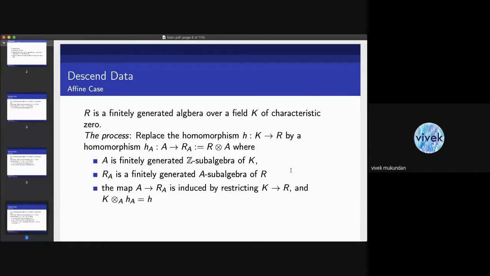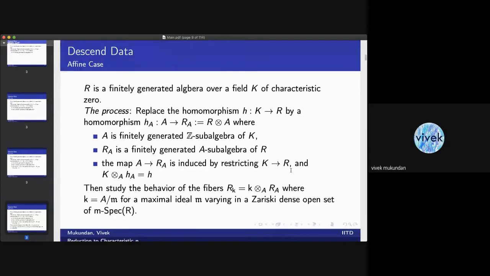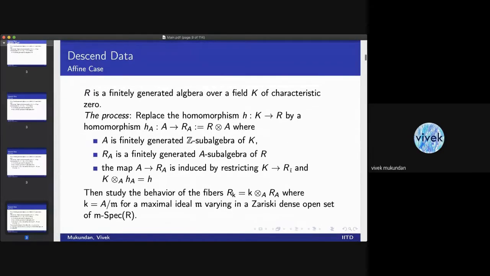After that, we study the behavior of the fibers, which is obtained by tensoring R_A with a field κ, which is nothing but A modulo a maximal ideal, where the maximal ideal runs over a Zariski dense open subset of the spectrum.